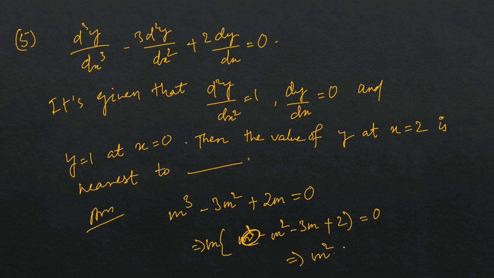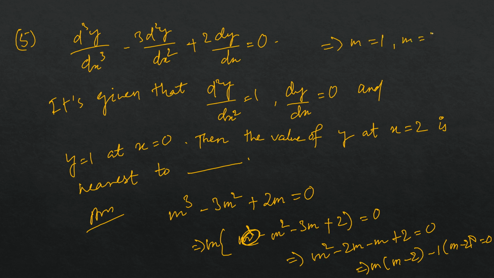So m square minus 2m minus m plus 2 is equal to 0. m minus 1 into m minus 2 is 0. So m is 1 and m is 2. Okay, so the y will be what? Okay, let's write it on the page. y will be c1 e to the power x plus c2 e to the power 2x.